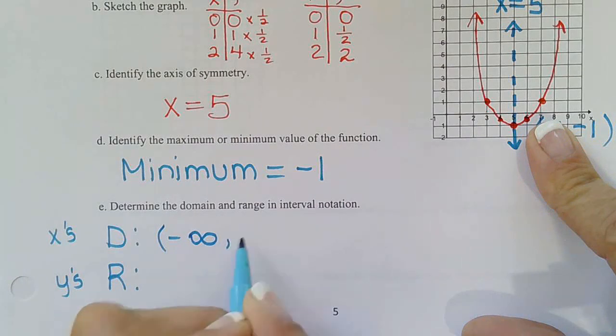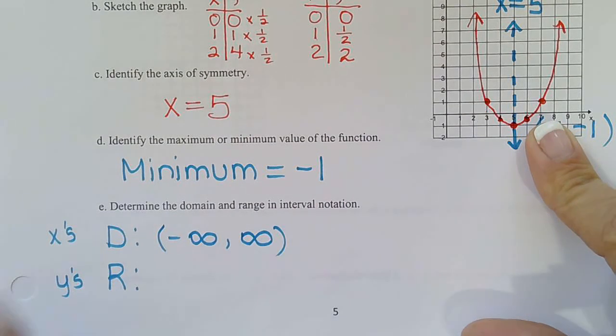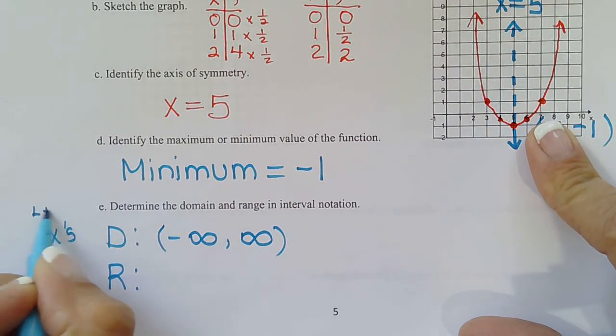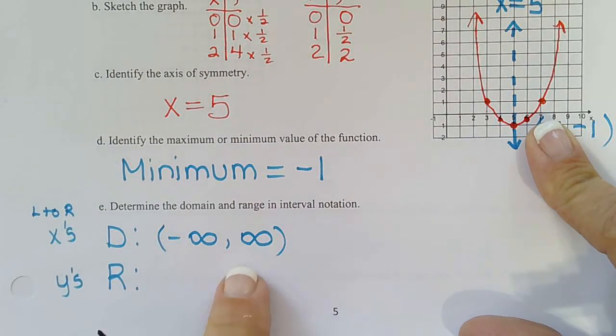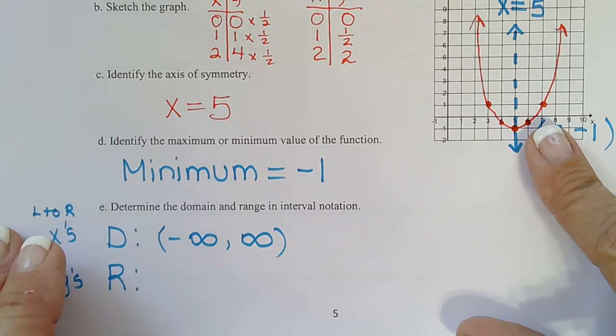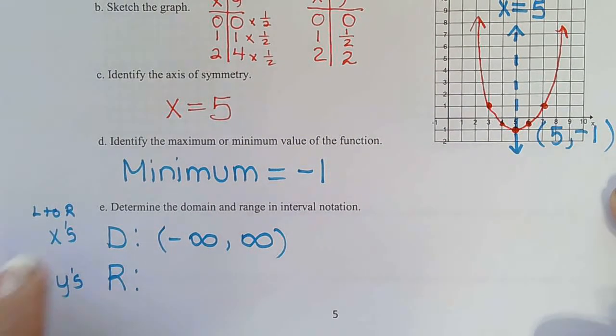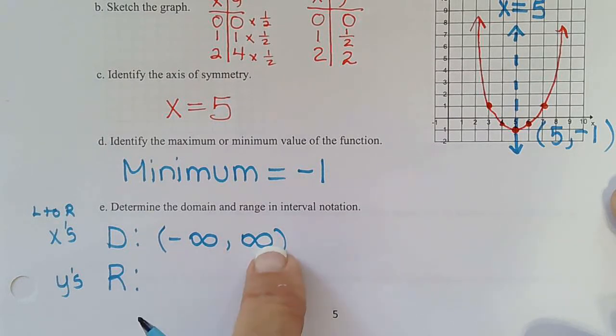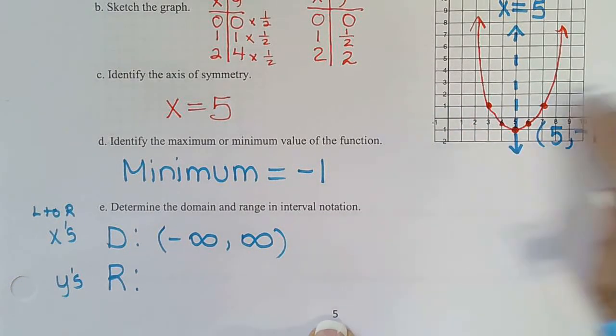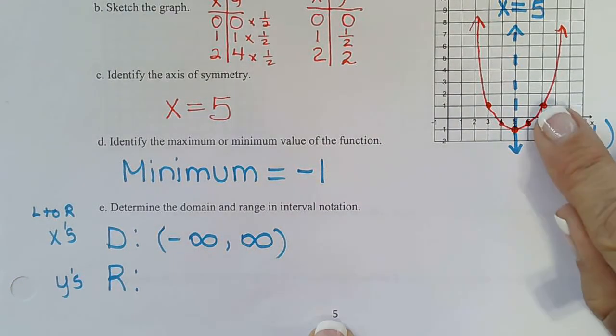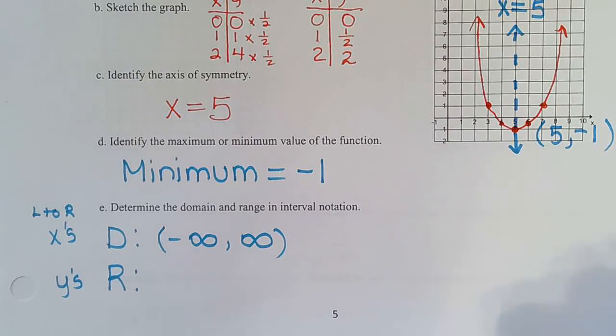Left forever, right forever. And you always list them left to right, because when you're using interval notation, and we learned this back when we were doing inequalities, the smallest value always has to be listed first, largest last. On the x-axis, the smallest values are left, the largest values are right.